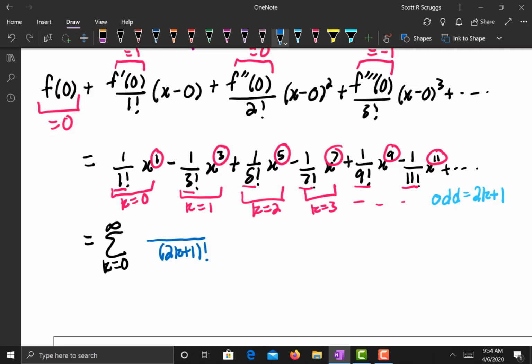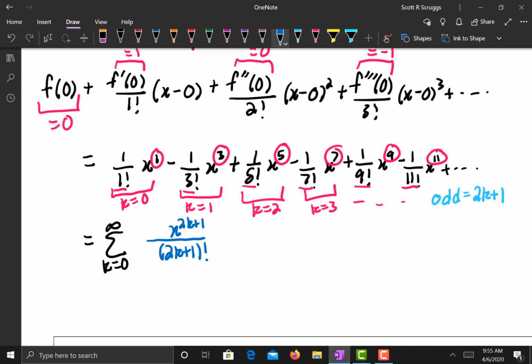To correspond that in my denominator, I better have an odd number taking a factorial of. And in the exponent, I'm also going to have 2k plus 1, to correspond to the fact that I better have an odd power in my exponent.